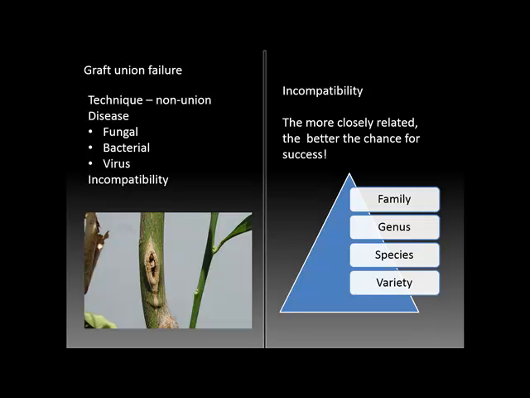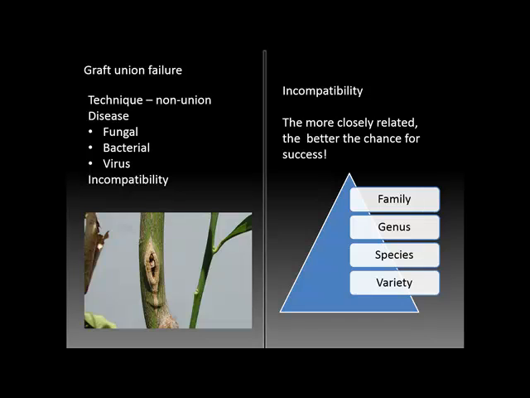So not all grafts succeed. What are some of the main issues? Well, probably the biggest issue is non-union of the tissues, where the tissues either are not correctly aligned or they could be incompatible, or for whatever reason the conditions are not correct for those cambium tissues, the phloem and the xylem, to unite and form new connections.